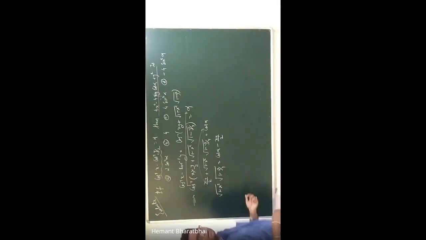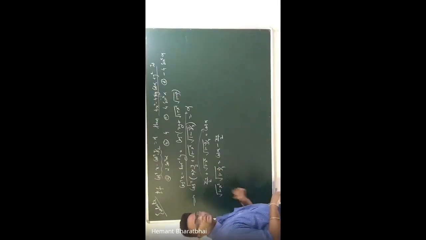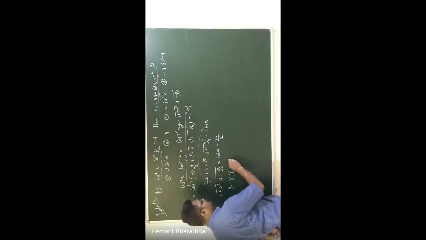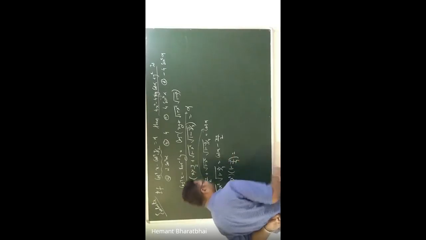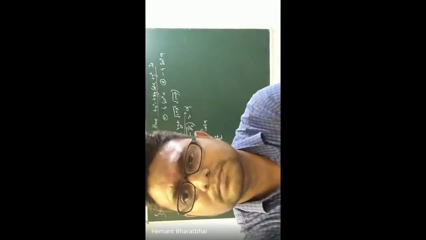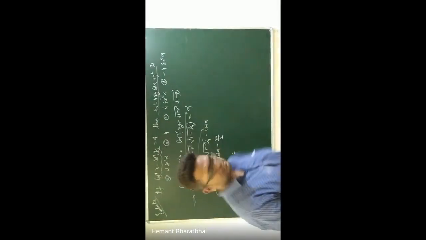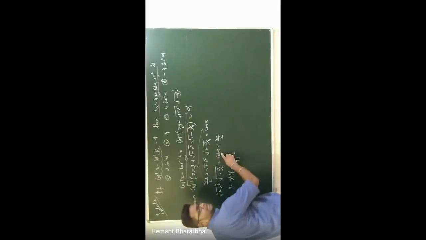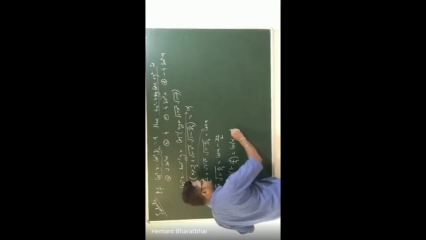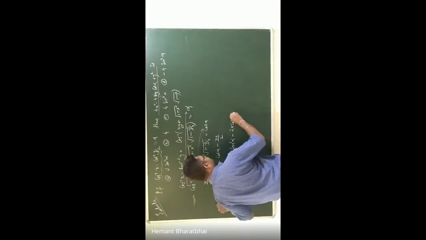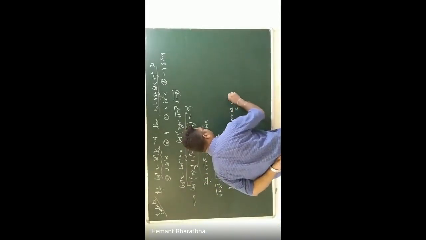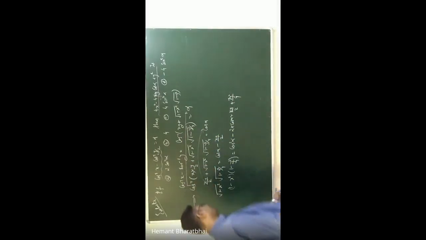Now let's square on both the sides so that the root gets cancelled. On squaring, I'll get 1 minus x square into 1 minus y square by 4 is equal to, using a minus b the whole square, cos square alpha minus 2 into cos alpha into xy by 2 plus x square y square by 2 square, that is 4.